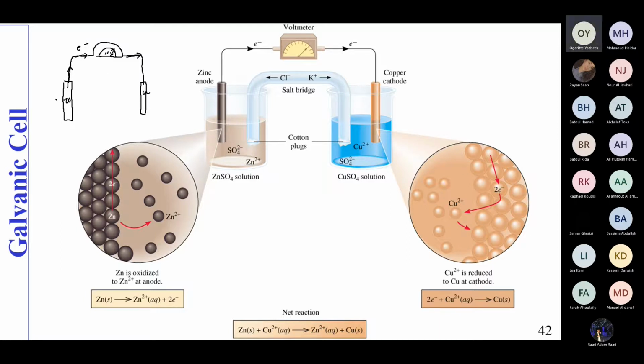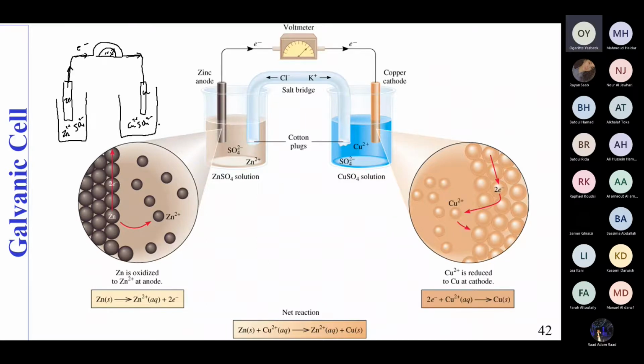We will put this zinc plate into a solution and this copper into a solution. Here, the solution happens to be zinc sulfate, which splits to zinc 2 plus and sulfate 2 minus, aqueous solution. Of course, solution means I have zinc sulfate in water. And here, copper sulfate is the solution that the copper will be in.